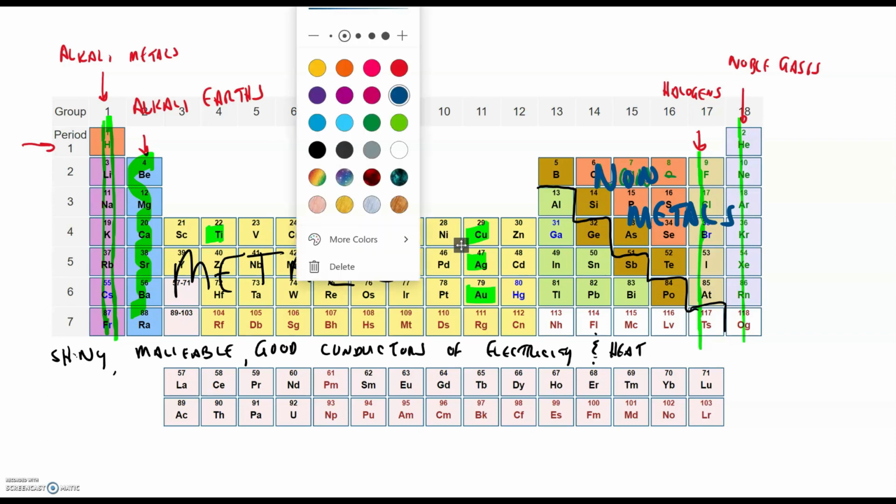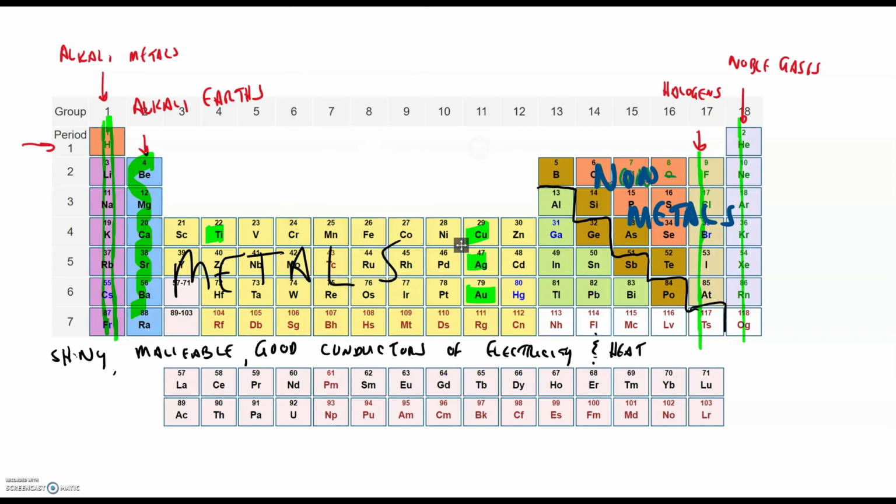They tend to be brittle if they are solids. Although, to be truthful, very few of them are solids. A lot of them are liquids, or in the case of the gases, gases. They also tend to be poor conductors of heat and electricity, and they tend to not really be shiny at all.